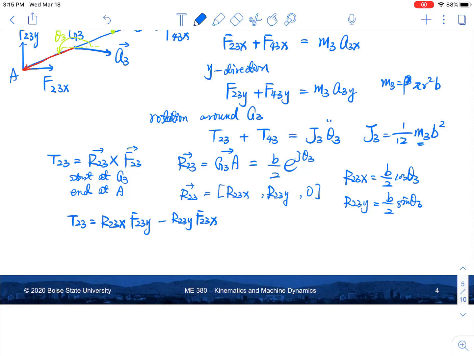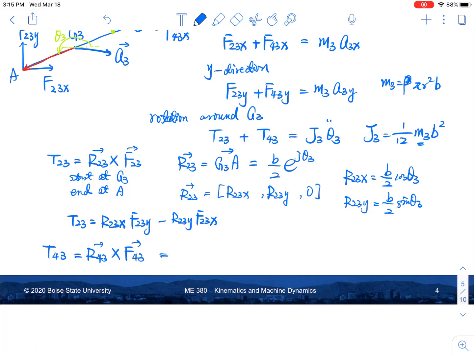So that means your torque can be written as a function of forces. And R23x, R23y are just position vectors, so they are already known. In the same way, you can find your T43, that is simply R43 vector cross product F43 vector.